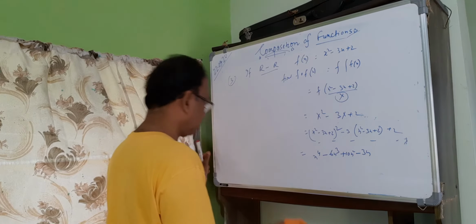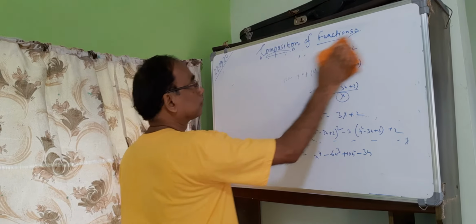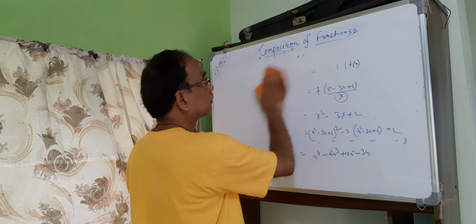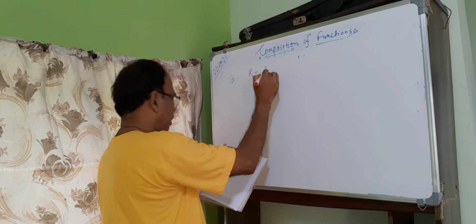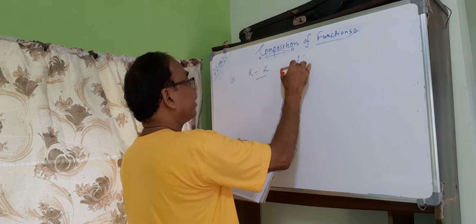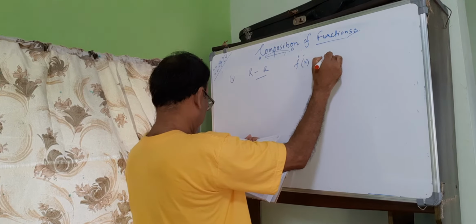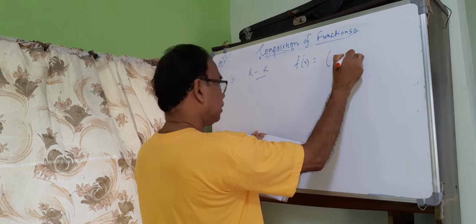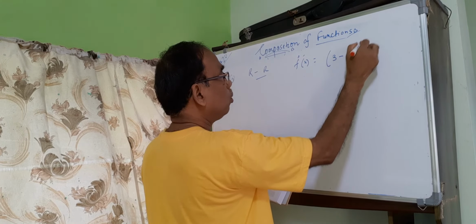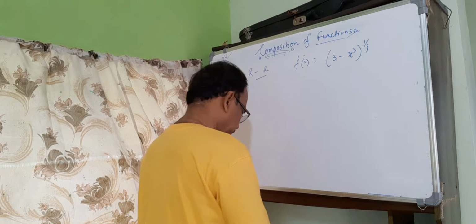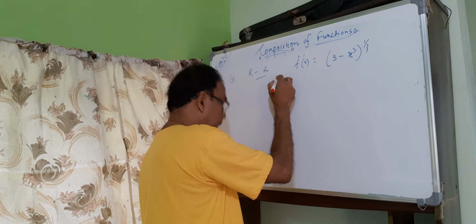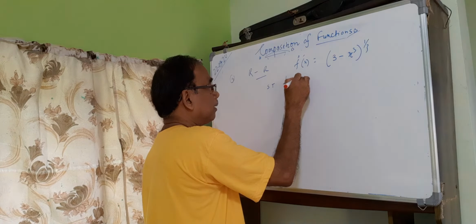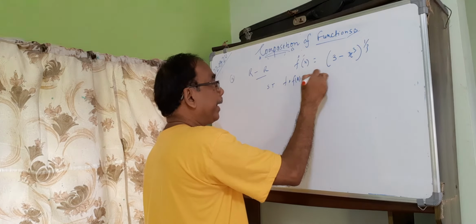Next, sum number 4. It is a function from real numbers to real numbers, f(x) equals (3 minus x cube) whole to the power 1/3. It is given, so that f of f(x) equals x cube.